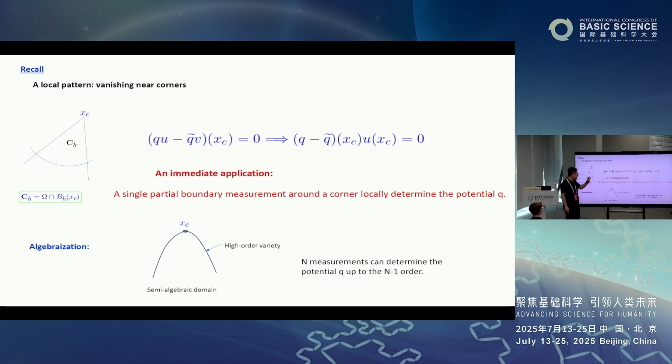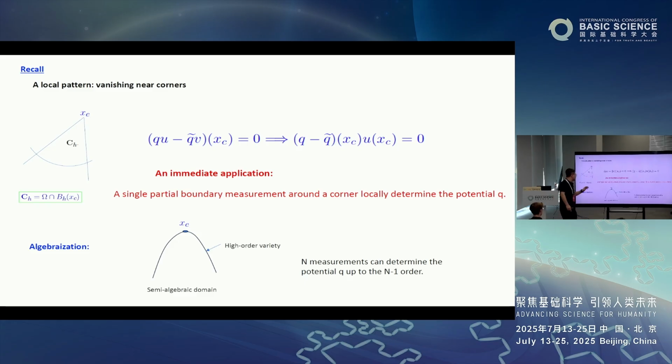So that means if the domain is a linear variety and U(x_c) is not 0, if your input is not 0 here, we can determine the potential Q up to the 0th order approximation.